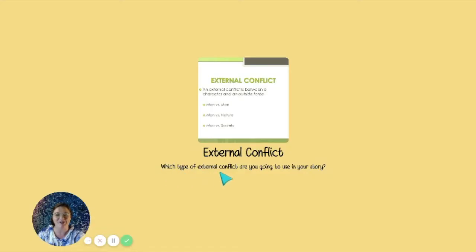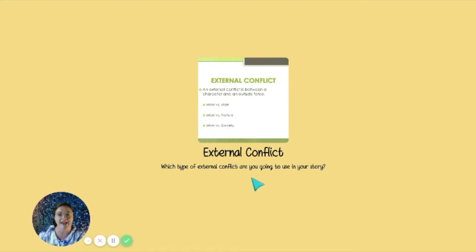Which type of external conflict are you going to use in your story? So up here, right, an external conflict is between a character and an outside force. So not man literally, right? It doesn't have to be a man literally. This is just a generic form to call a human. So we could say human or character versus character, character versus nature, character versus society.